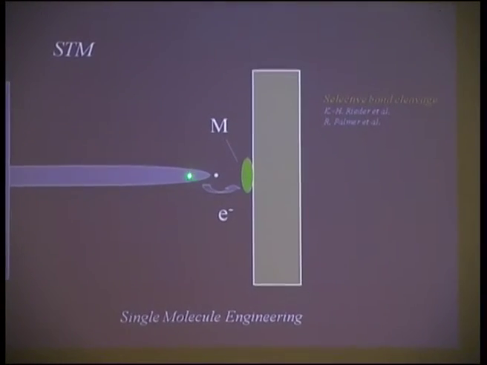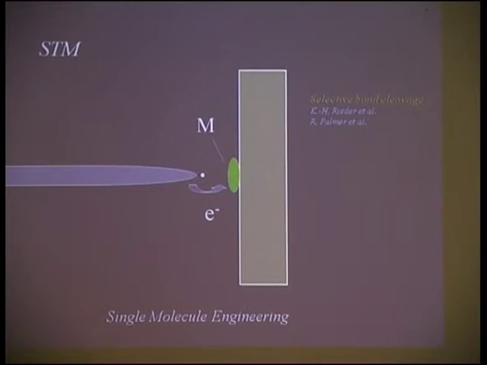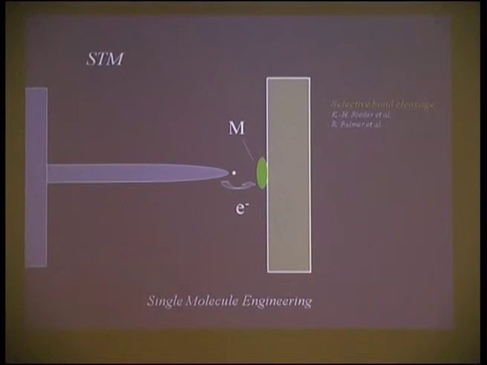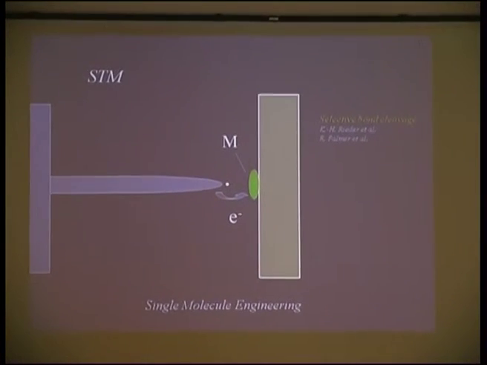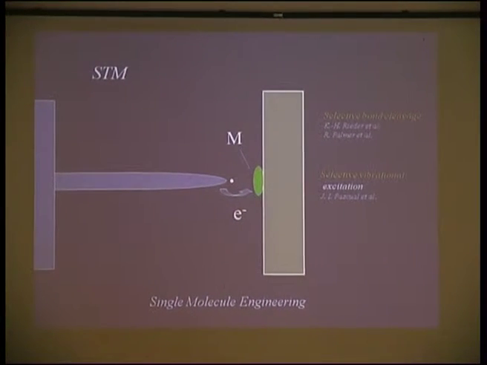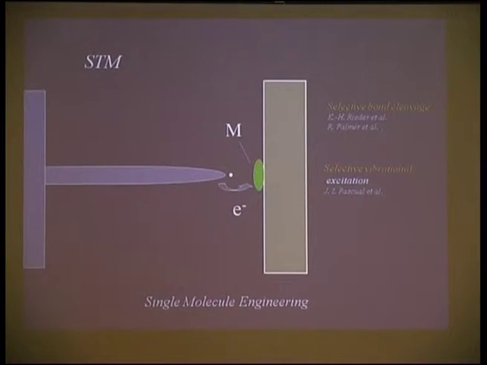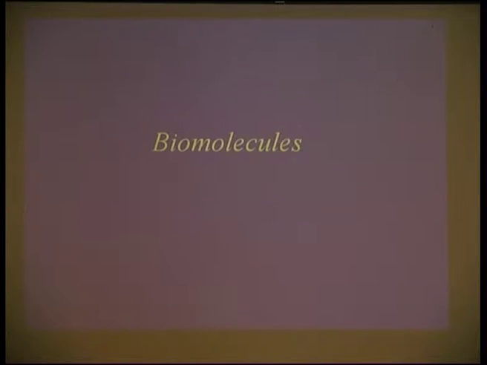So you don't have really free electrons, but tunneling electrons, and these electrons may also induce particular selective bond breaking, which you can study on a molecular level, which was shown by these people here. So what about biomolecules?